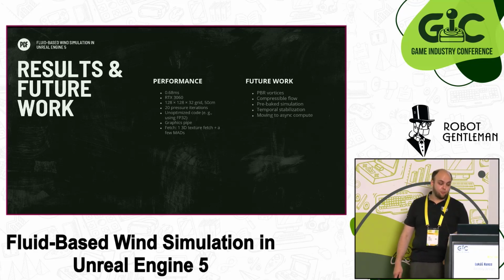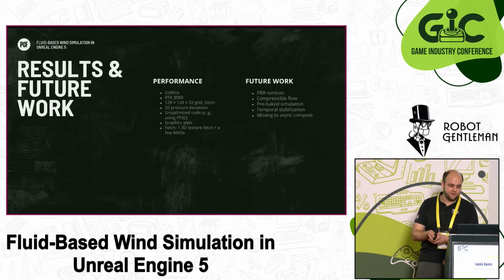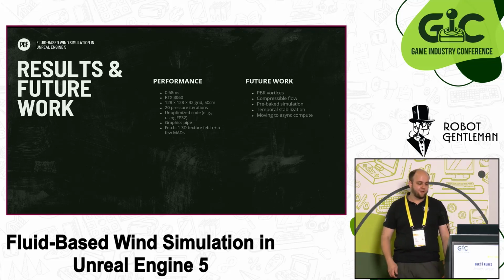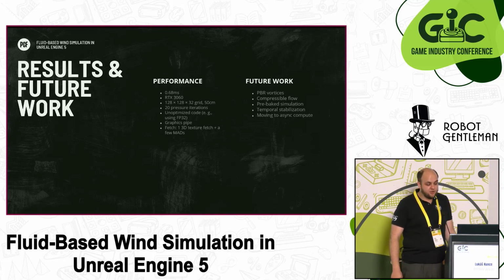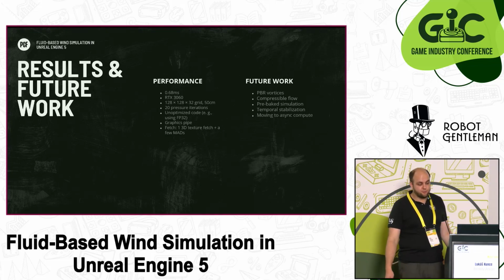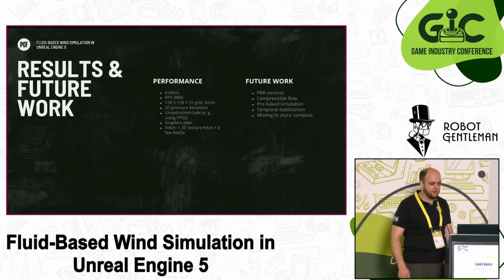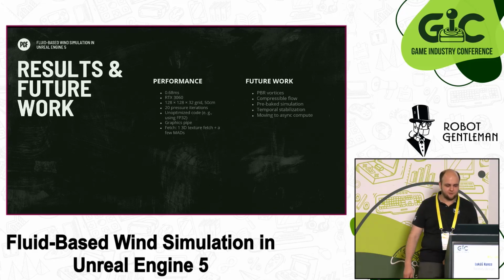It's 20 pressure operations. We still have full floating points, and we do it on the graphics pipe. So there are a lot of ideas on how to optimize it. Fetch, in a real life scenario, is probably negligible unless you're doing some test.